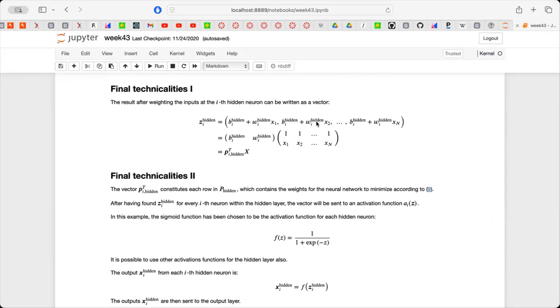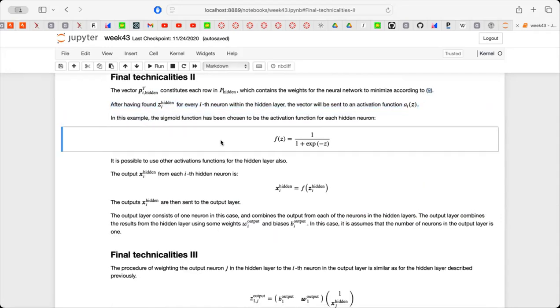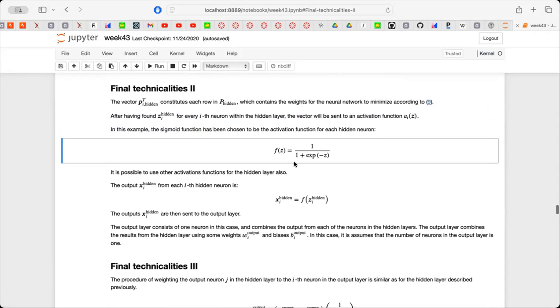We have all the hidden variables. And this is the first function, which is the input to the activation function, the z, to a given node i. And then we know that we can choose different activation functions. And in this specific case, the activation function is just a plain sigmoid function, as we've been discussing before.